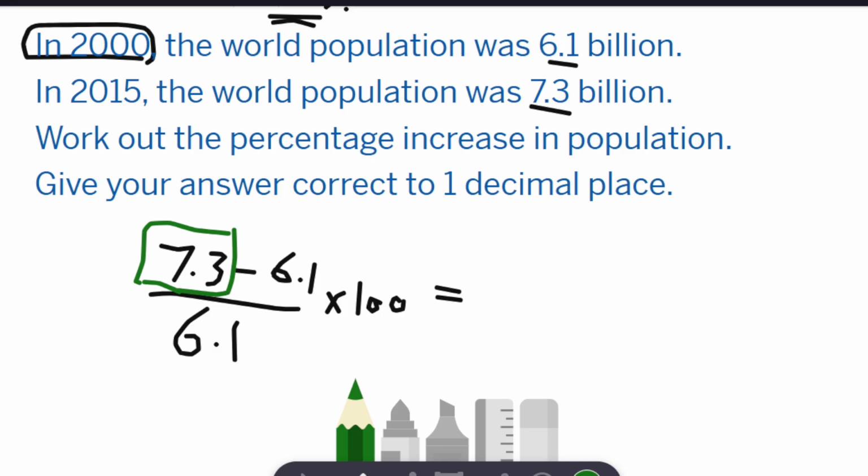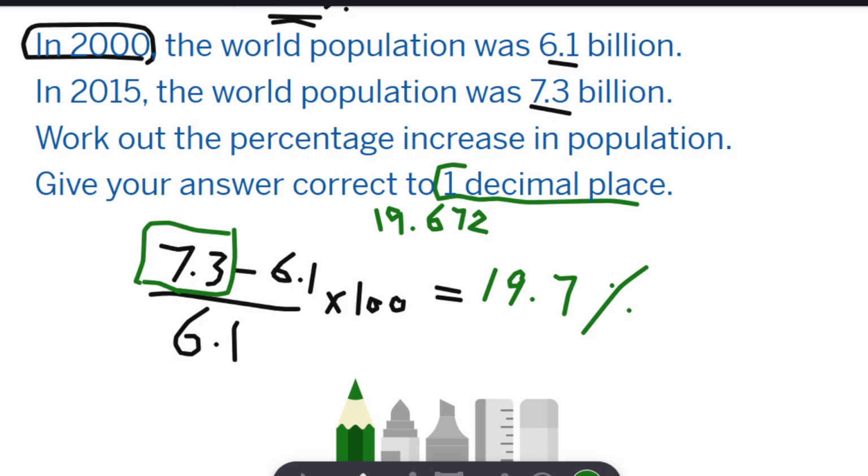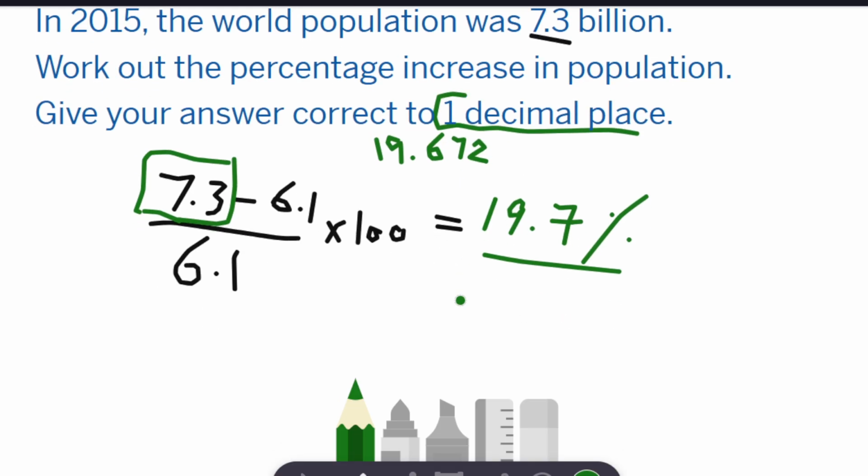So it's 7.3 minus 6.1 divided by 6.1 and then times that by 100. So it gave me 19.672. And the question says give your answer to one decimal place. One decimal place is going to be 19.7%. How easy.